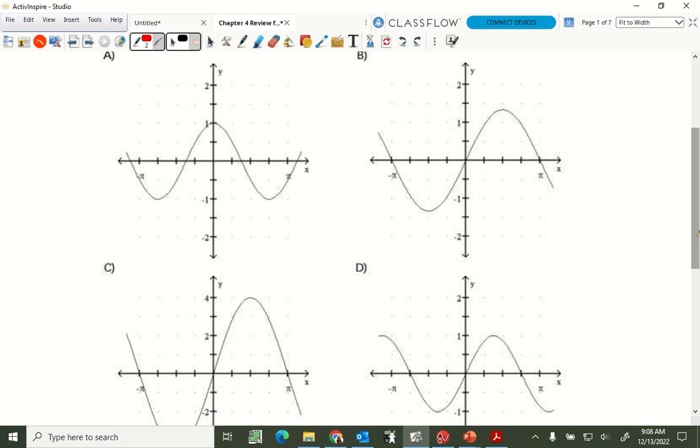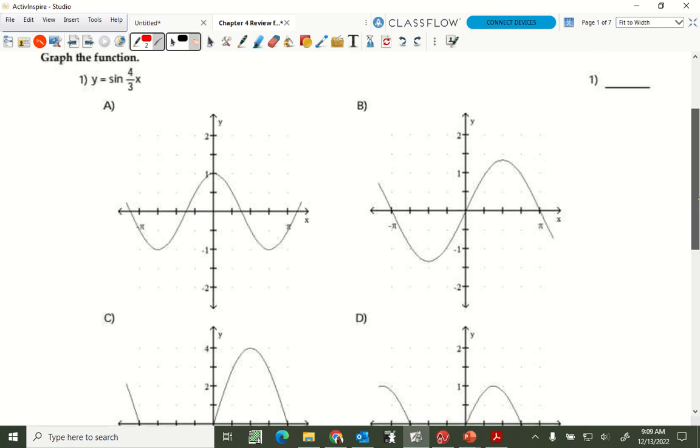How far to the left does it go? Negative pi. How far to the right? Pi. What is the minimum? Negative 2. So I'm looking at just my graph by itself, so I can match the graphs. It goes down to negative 2. The maximum is 2. So I'm going to pull up my calculator here, and I'm going to graph this.